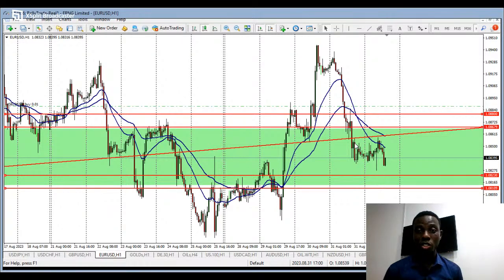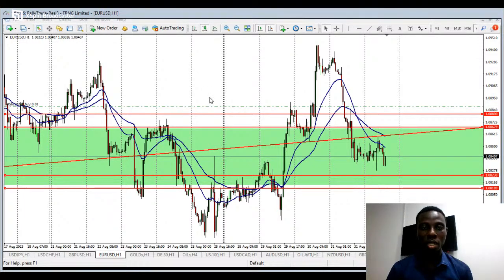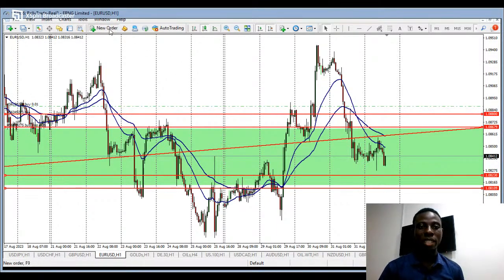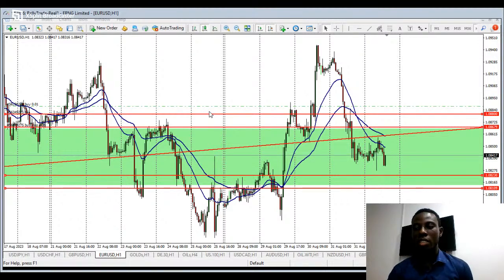Let me quickly set my instant execution. Take profit at 1.08800. Then you click on place. Good. Now my sell stop EURUSD. In case you are not hearing me, just follow through the charts and you will see the entries for this instrument.